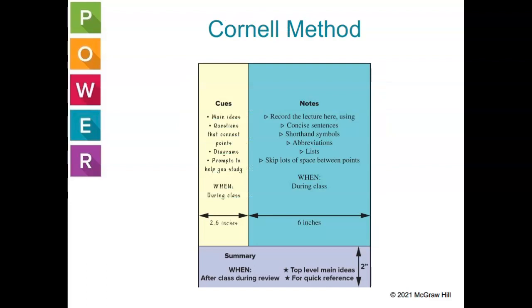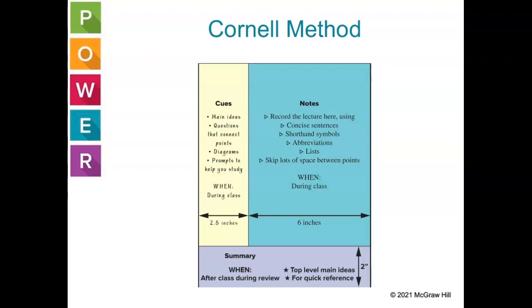The Cornell method is used for dividing the material up a little bit better. Some people use this more as an in-class note-taking style as opposed to for a textbook, but whatever works for you. On the left-hand side, you're going to put the main ideas and maybe questions and diagrams. That's the yellow section. In the turquoise section, that's where your notes are going to go.